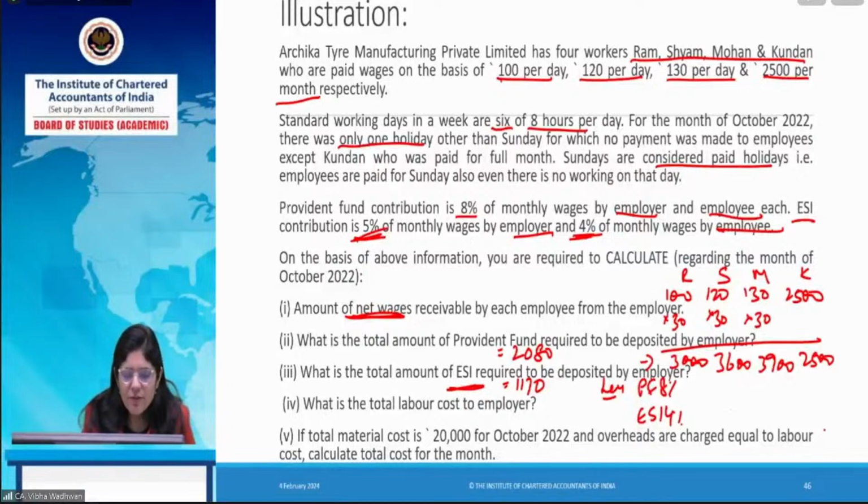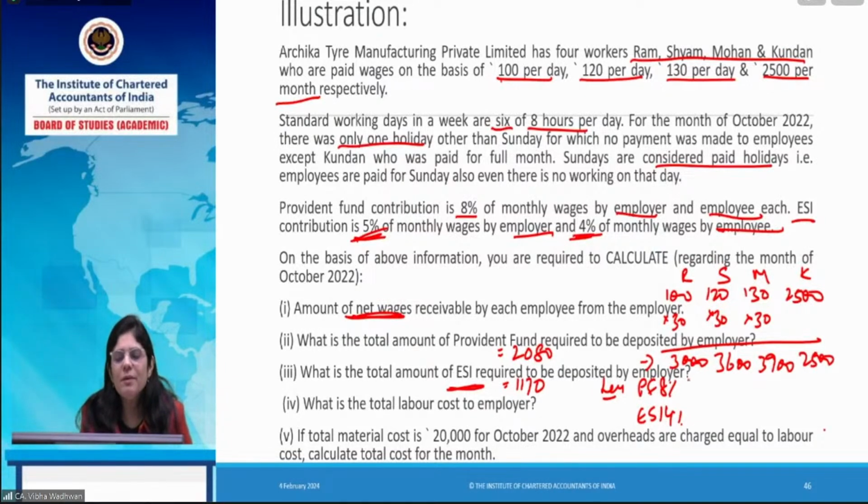Third part we have done. What is the total labor cost now? Here you have to calculate the labor cost, so there's a difference between the first part, the second part and the fourth part. Total labor cost means the basic plus the employer contribution.